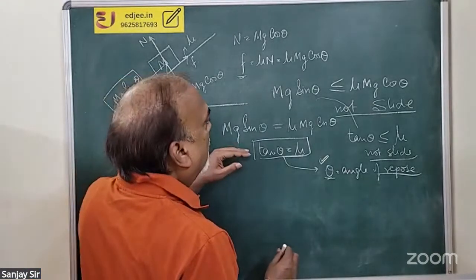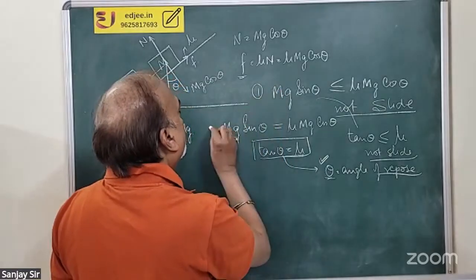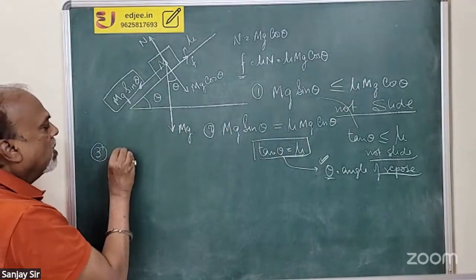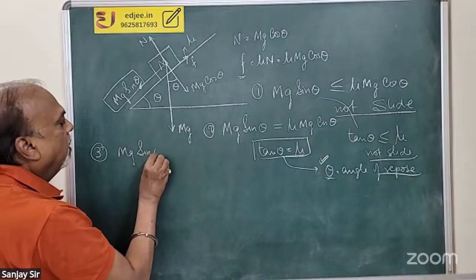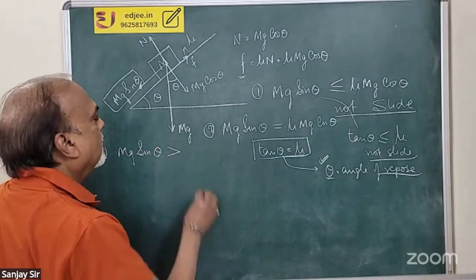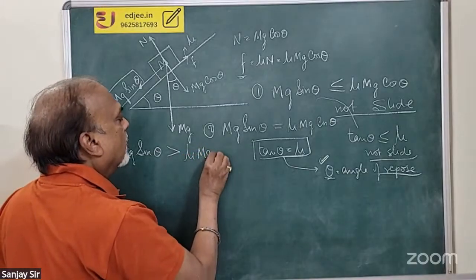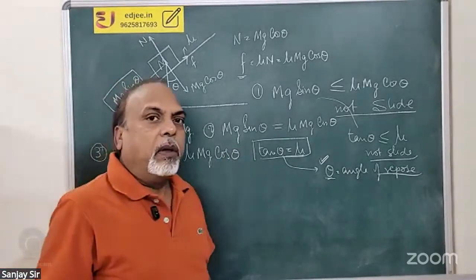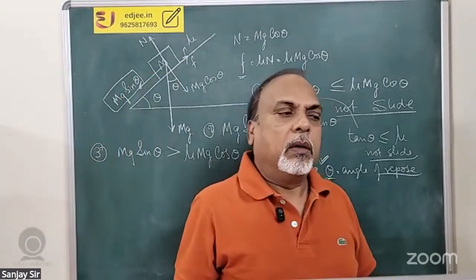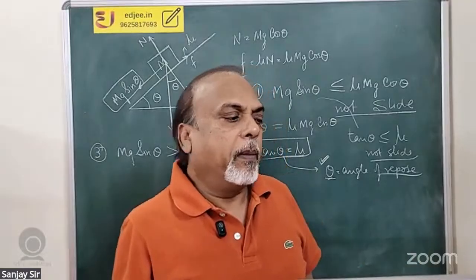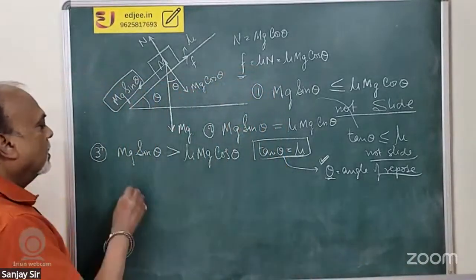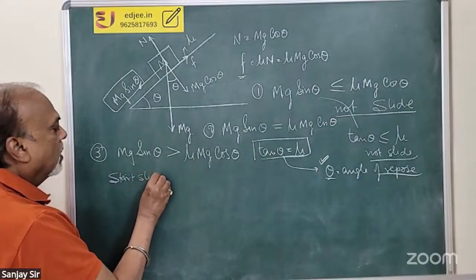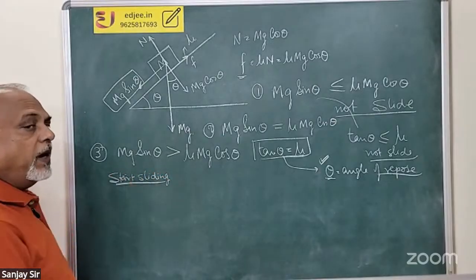Now, one first condition was this, second is this, third: mg sine theta is greater than mu mg cos theta, meaning the downward force along the plane is more than the friction force. Then the block will start sliding.